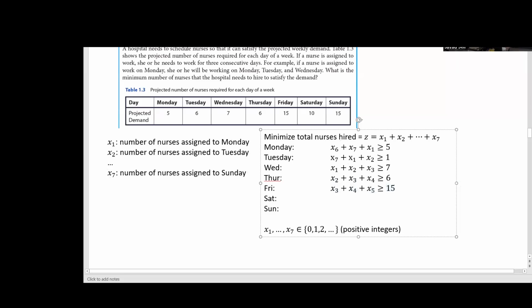Oh, we need 15 people on the weekend. Yeah, more injuries, right?